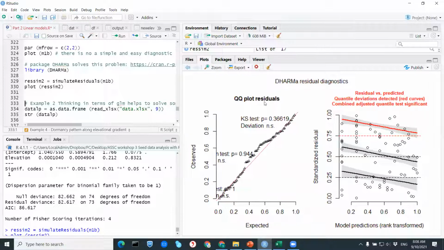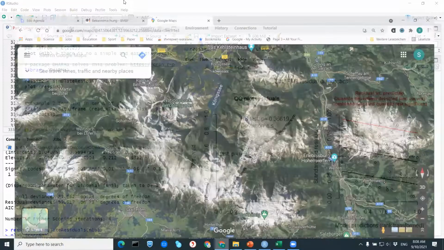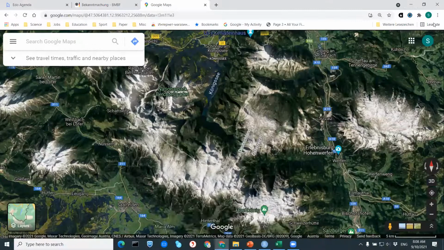and the second plot on the right is looking at the distribution of the residuals at different predictions. So this plot on the right looks very similar to the upper left plot in your normal distribution. But there's a few differences. The model predictions are rank transformed as opposed to just being the actual model predictions.